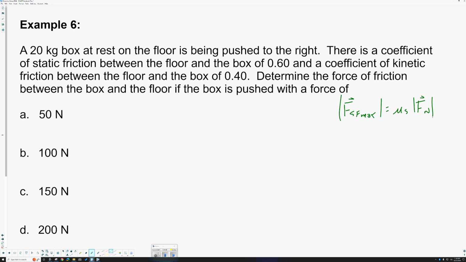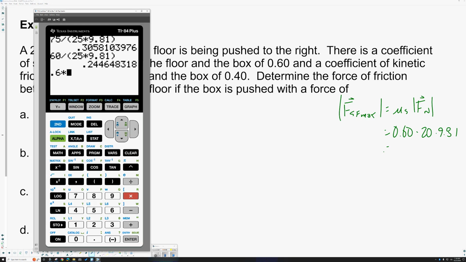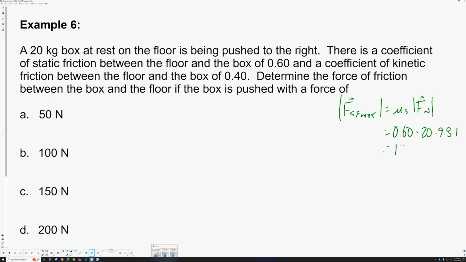So mu static is 0.60 times the normal force, which is m times g, 20 times 9.81. 0.6 times 20 times 9.81 gives me a value of 117.72. That's not a final answer, so I'm not going to worry about rounding that right now. 117.72 newtons. That is not the force of static friction.